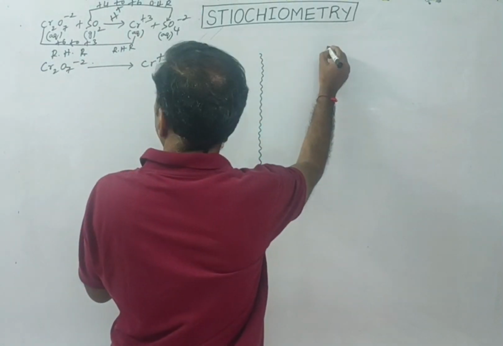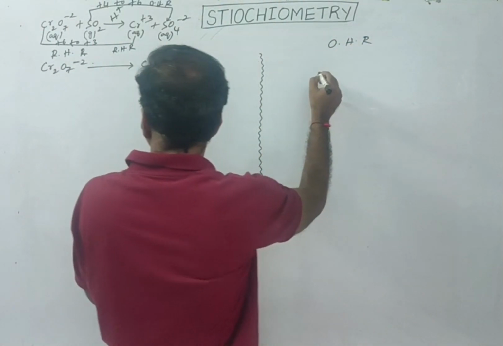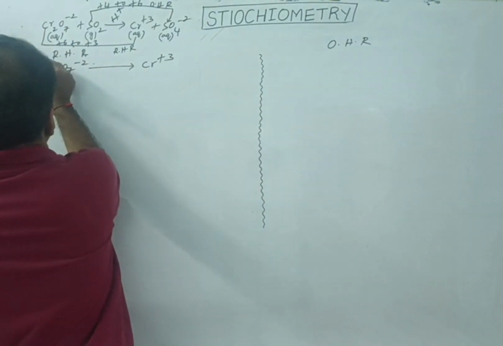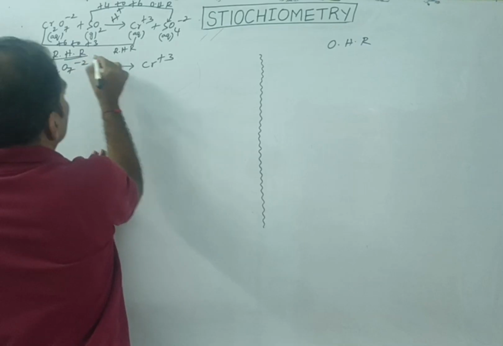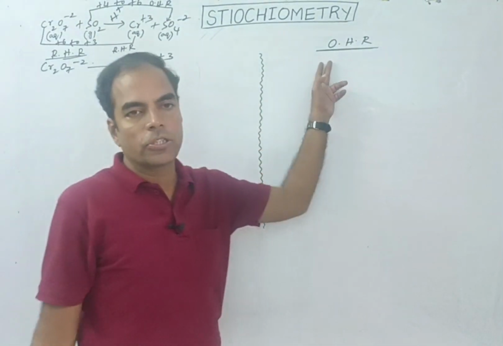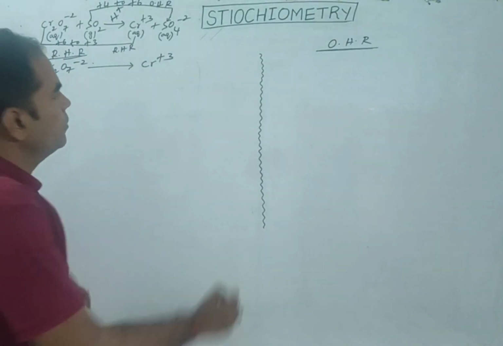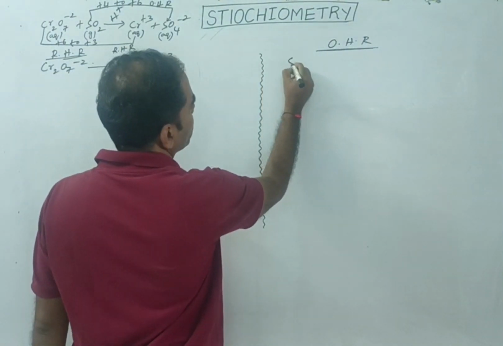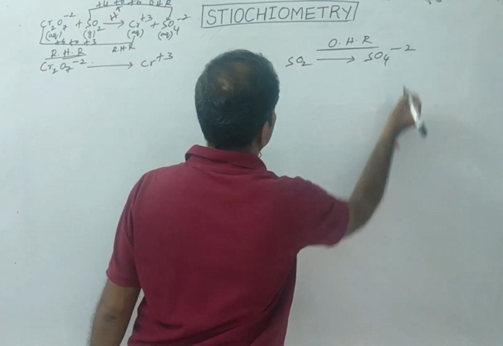Here is the oxidation half reaction. O stands for oxidation half reaction, R stands for reduction half reaction. Here SO2 to SO4 2-.